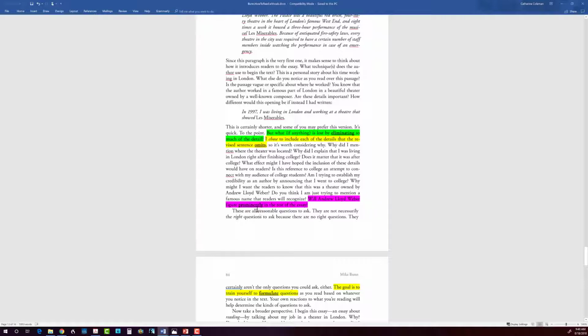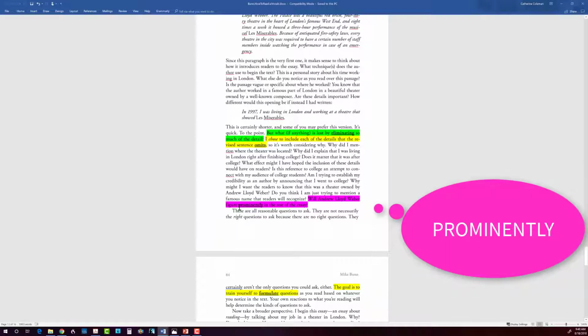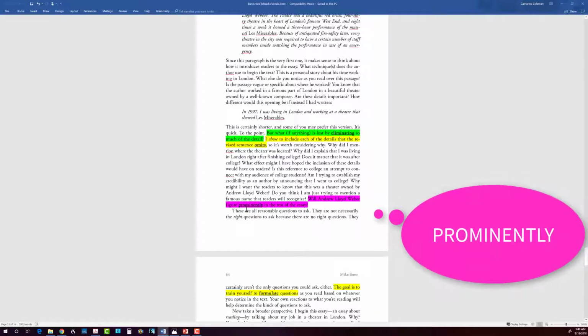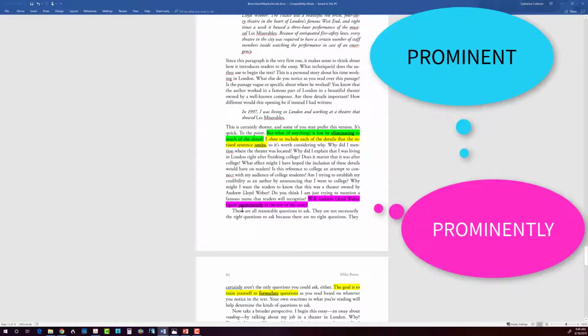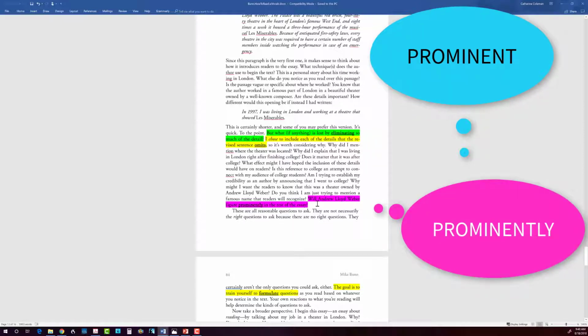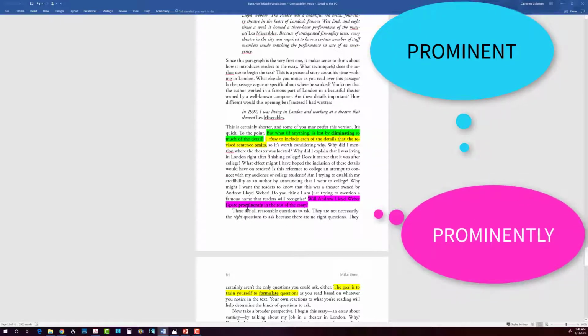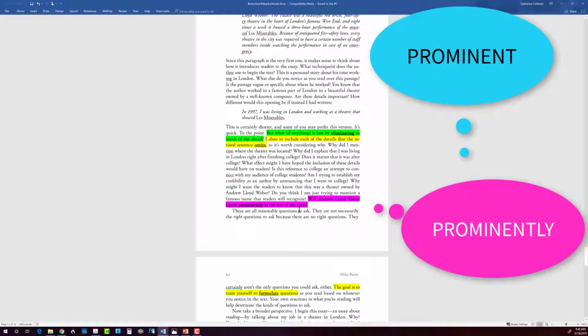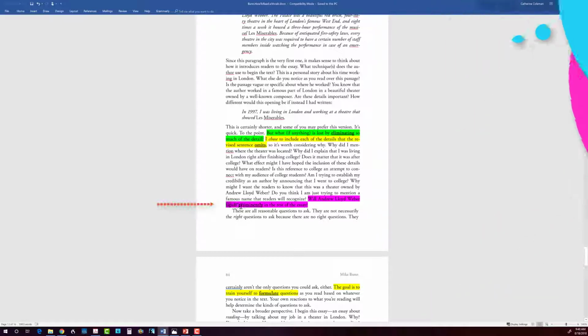Then we move on here to our only adverb in the piece, prominently. And I thought it was important enough because prominent is a very important adjective and prominently is a nice adverb. And remember, adverbs can really raise the quality of your writing when used correctly. Will Andrew Lloyd Webber figure prominently in the rest of the essay?